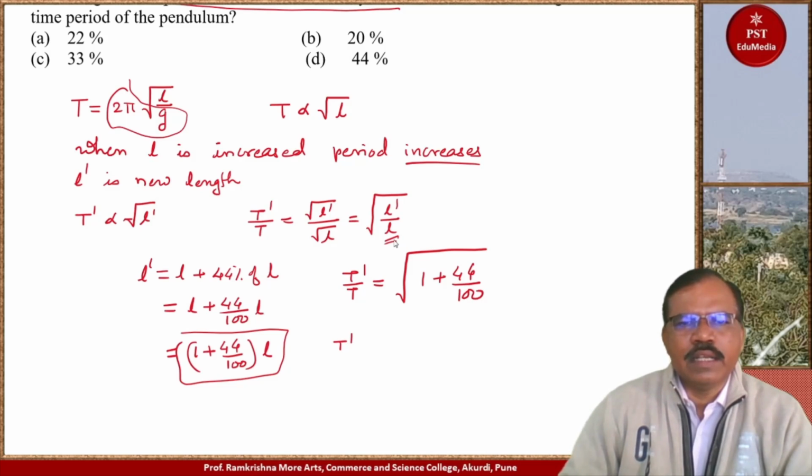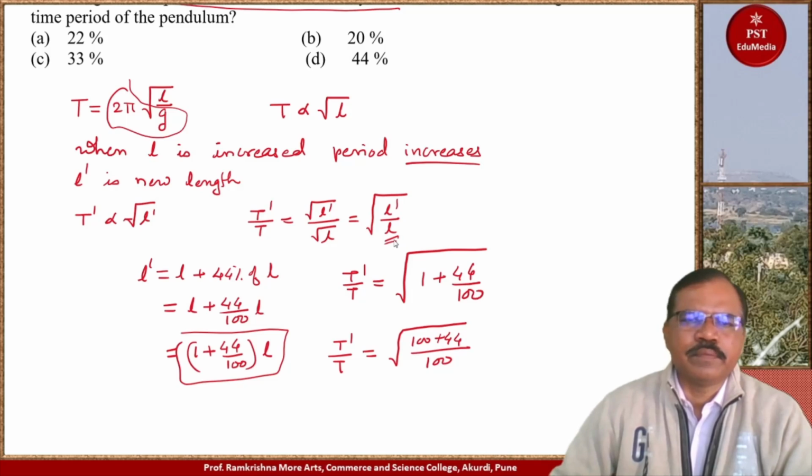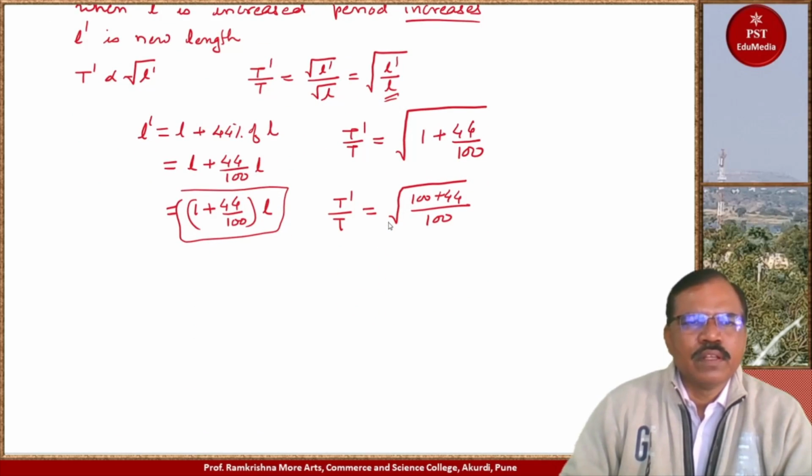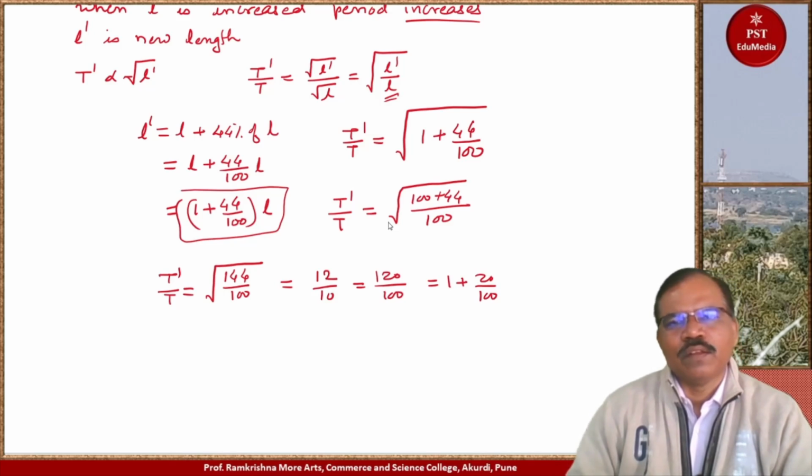So we get T dash upon T equal to square root of (100 plus 44) divided by 100. So T dash upon T is equal to square root of 144 divided by 100. The square root of 144 is 12, divided by 10. So I can write this as 120 divided by 100 also, that is 1 plus 20 upon 100.